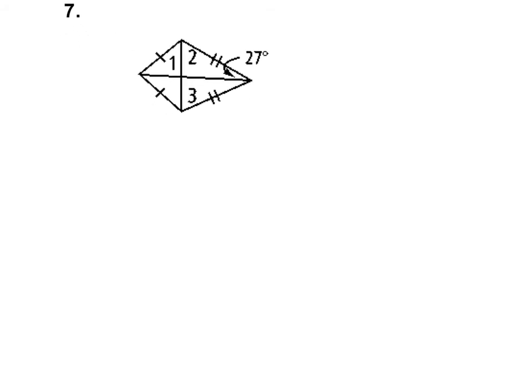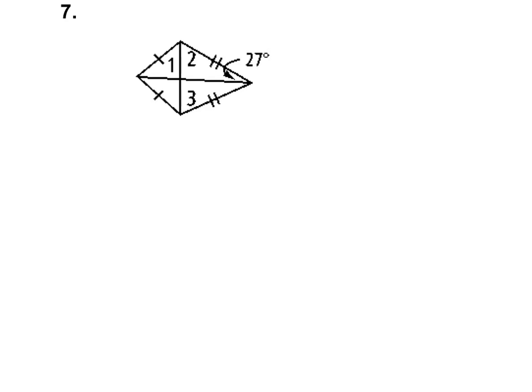So, number 7. We know that this angle right here is perpendicular, right? So the measure of angle 1 equals 90 degrees, right? So I actually know that this one is also 90 degrees, and because I have a right triangle, I know that the measure of angle 2 plus 27 equals 90 degrees.